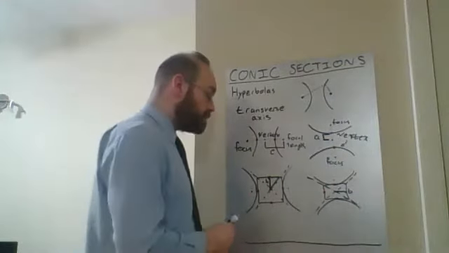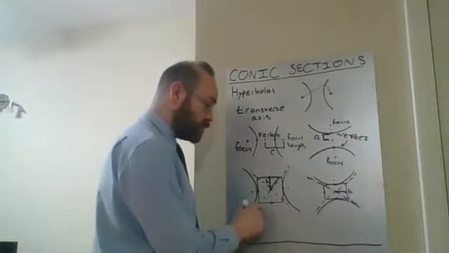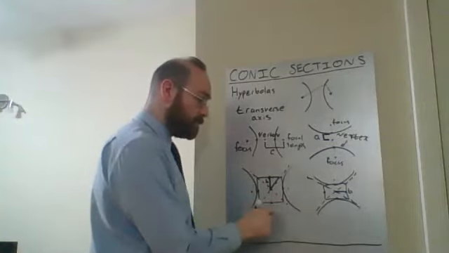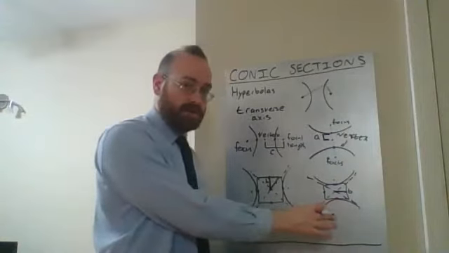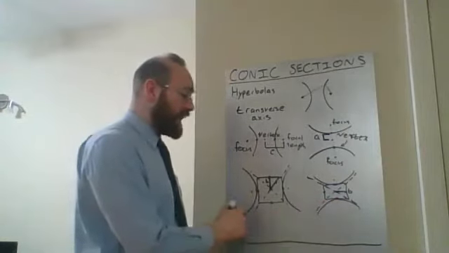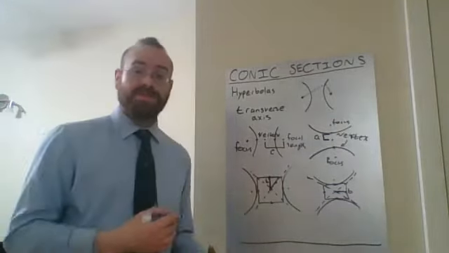Because if we draw a box that is 2A across and 2B high, or vice versa if it's a vertical hyperbola, the asymptotes will go through the corners of that box through the center.